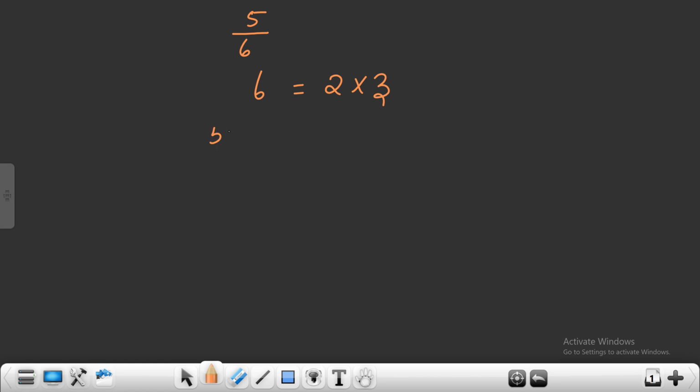First, consider 5 by 6. Multiply and divide by 10. That is 50 by 6 into 1 by 10. Convert 50 by 6 into mixed fraction. That is equal to 8 plus 2 by 6 into 1 by 10.